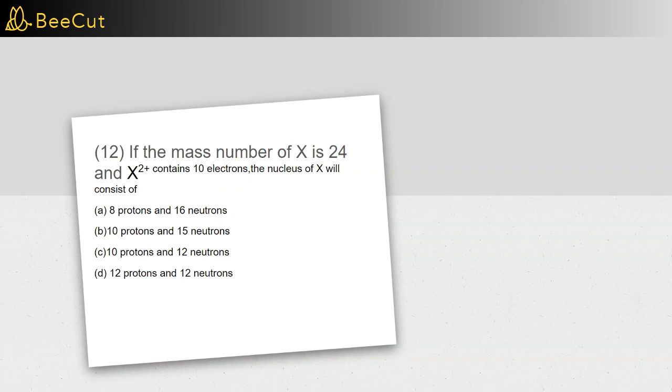The nucleus of an element consists of the protons and the neutrons. A, 8 protons and 16 neutrons? No. B, 10 protons and 15 neutrons? No. C, 10 protons and 12 neutrons? No. D is the correct answer, which has 12 protons and 12 neutrons.